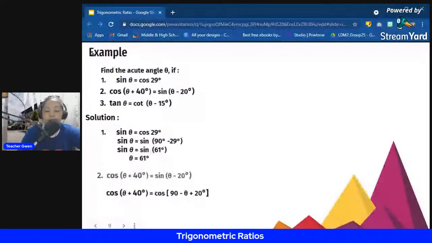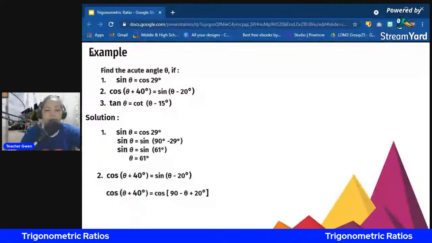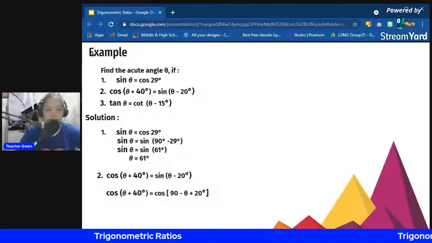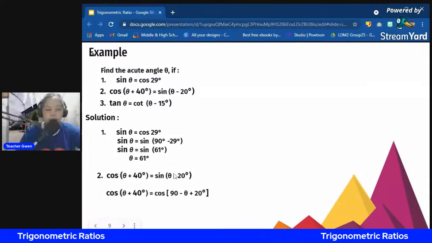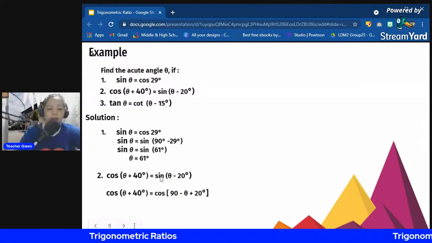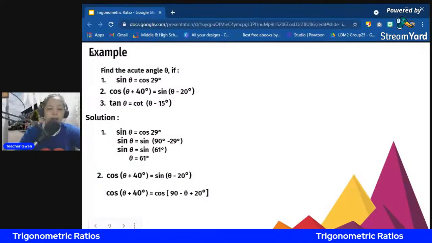So, we have cosine of theta plus 40 degrees is equal to sine of theta minus 20 degrees. So, unahon nato ang dinhi pikas, no? Always, ang naa sa right, atong i-operate.